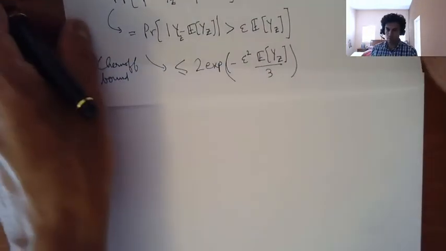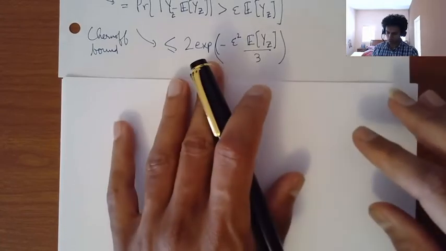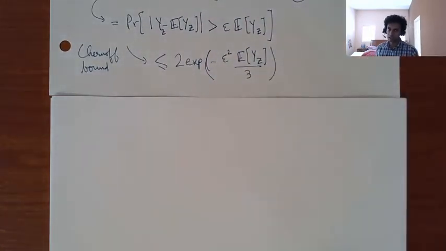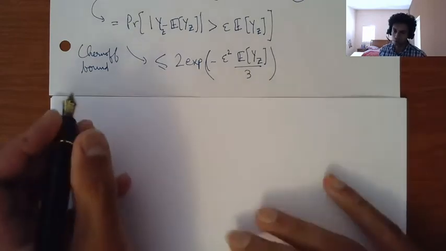Okay, so I want to keep this expression over here. Now we need to be a little careful, and you'll see that this is where the choices of various parameters come in.